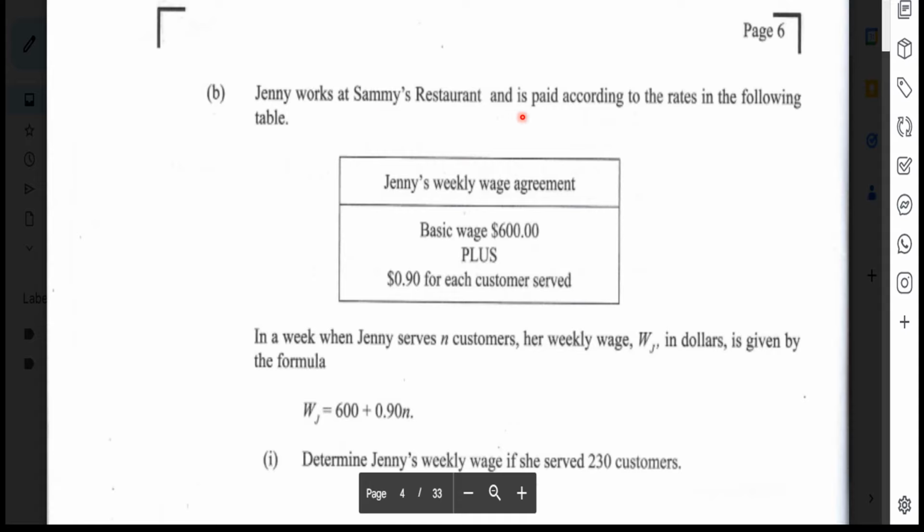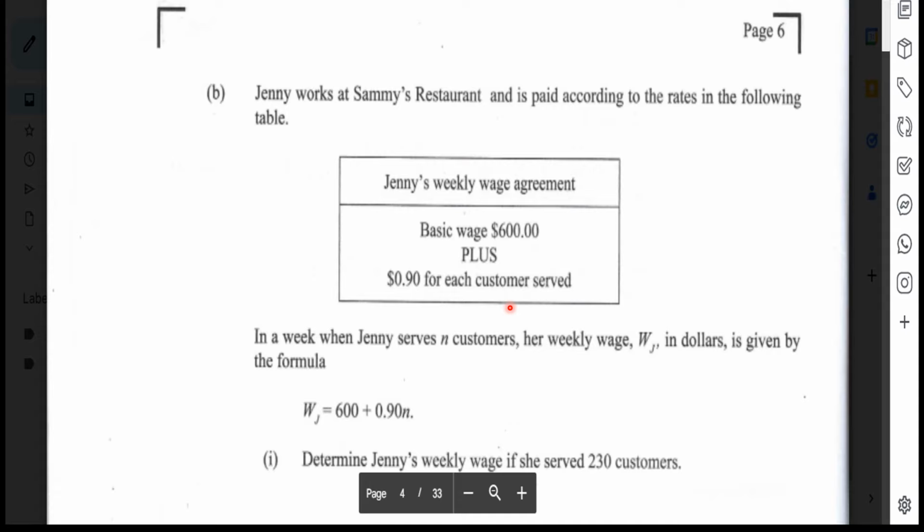The first question, 1B, May-June 2018, a consumer arithmetic question reads, Jenny works at Sammy's restaurant and is paid according to the rates in the following table. Jenny's weekly wage agreement. Basic wage $600 plus 90 cents for each customer served.